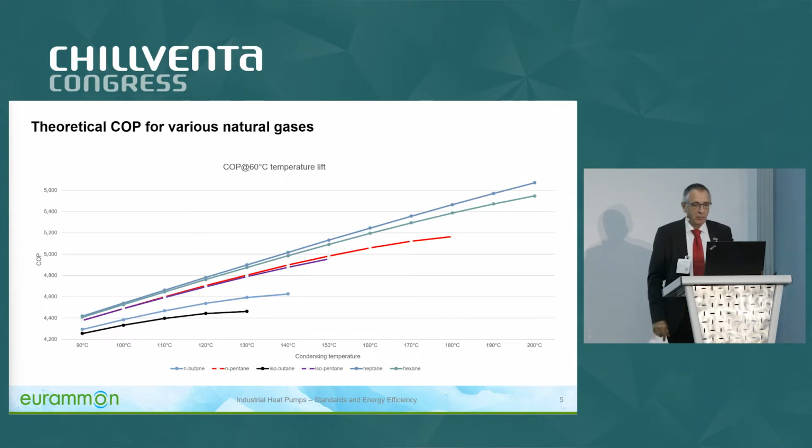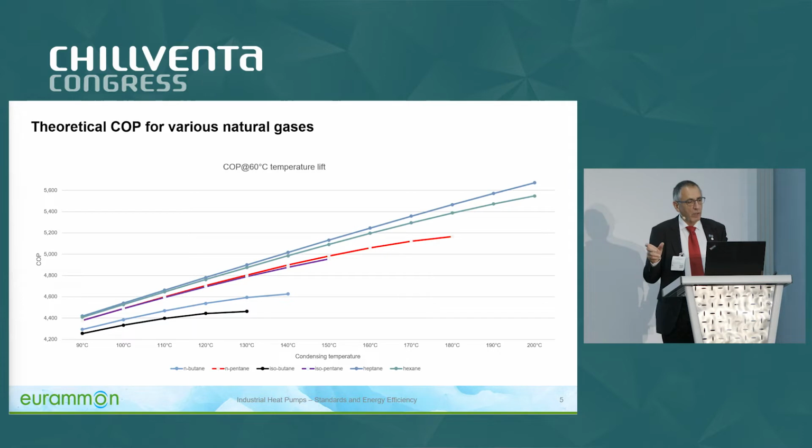Let's look a little bit at the possibilities, because a lot of people always talk about isobutane or in some cases N-butane. Propane in this case is out because it's over 100 centigrade and we are moving up to about 250, you can see. And therefore, there is not one refrigerant that fits all.